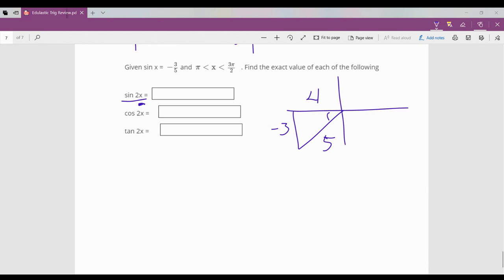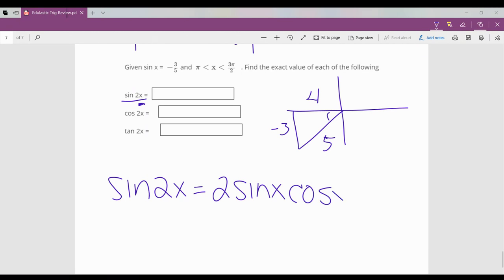And then I have this one is 4. Sine of 2x or 2 theta is going to equal 2 times sine of x times cosine x. Okay, so we're going to do 2 times sine x, which is negative 3 over 5, times cosine of x, which is 4 over 5. So this is 2 over 1, so we just multiply straight across the top, straight across the bottom, and we get negative 24 over 25.